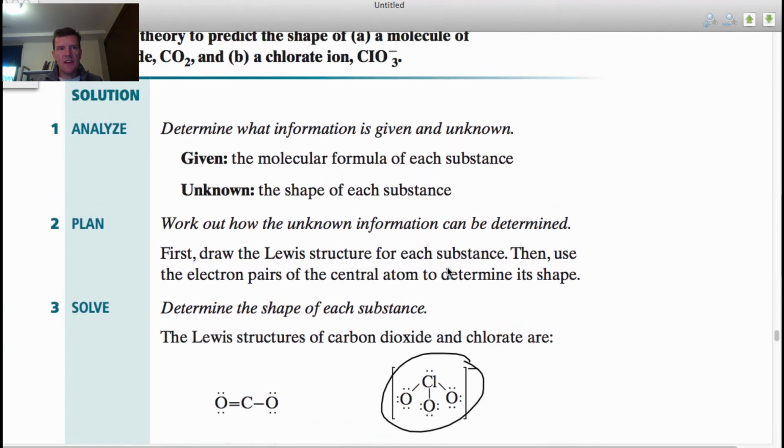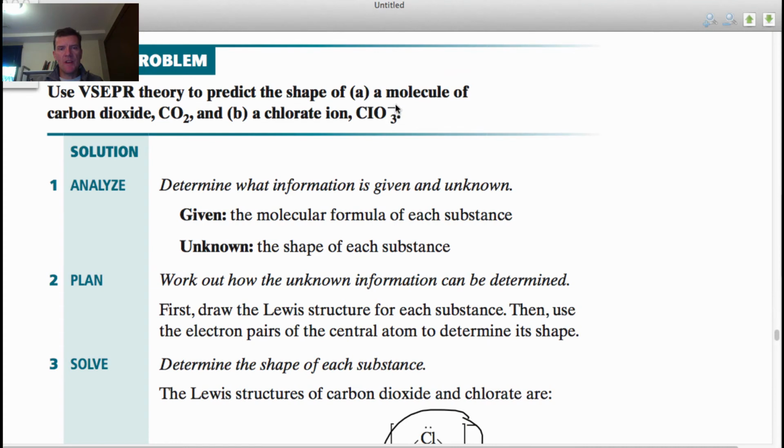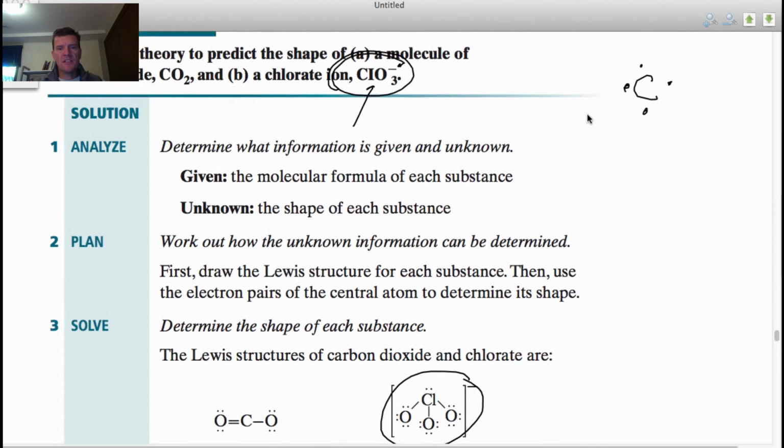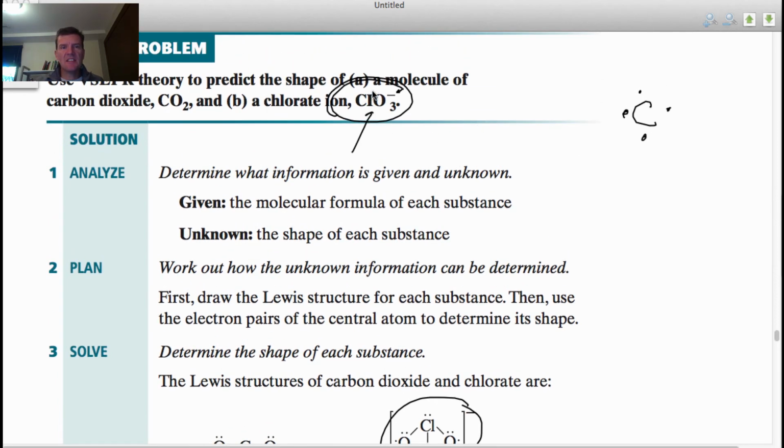Okay, so let's say you have ClO3 negative. Now this is a polyatomic ion. Many atoms, and it has a charge on it. ClO3. So all we do is, oops, I'm sorry, this is chlorine. This is not Ci. This is a Cl.